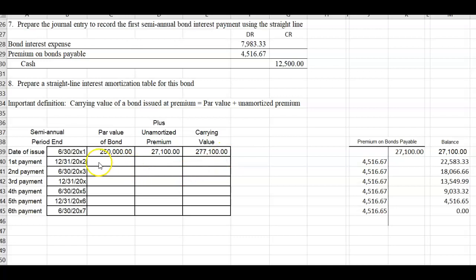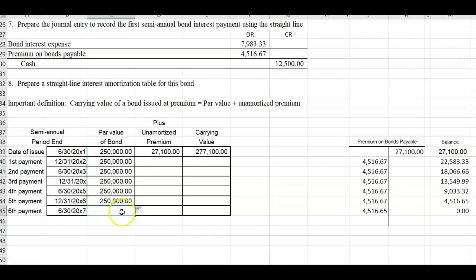So let's do the bond amortization schedule. As with the demonstration for the bond issued at a discount, the par value does not change. It stays the same until we finally pay the $250,000 par value to the bondholders at maturity date. But during the 3 years where we're making our bond interest payments, it stays the same.